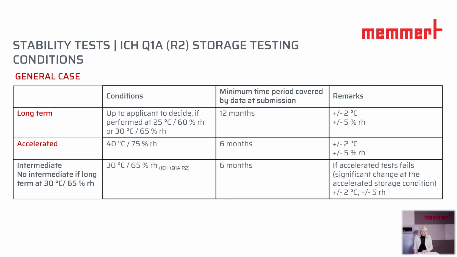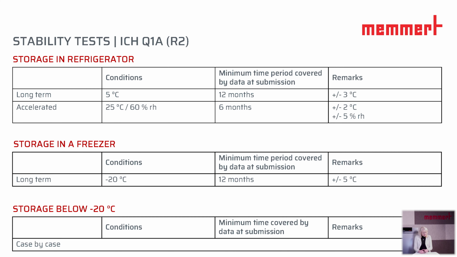And the intermediate testing comes into effect if the accelerated test fails and long-term testing is done at 25 degrees and 60%. That means we have here the remarks also plus minus 2, and it is done at 30 degrees and 65% RH. Let's go further to the storage in refrigerator.